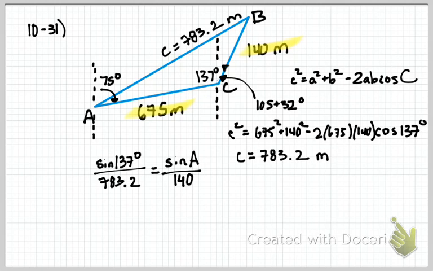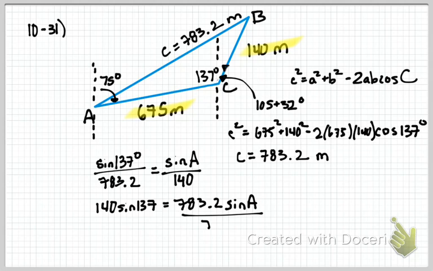Math with you guys because it's been a while, I think, since you guys have cross multiplied. Then you take the sine inverse of this whole thing. 140.